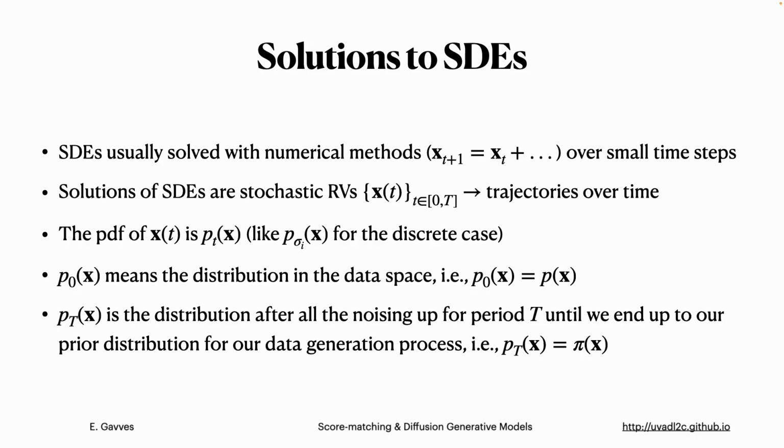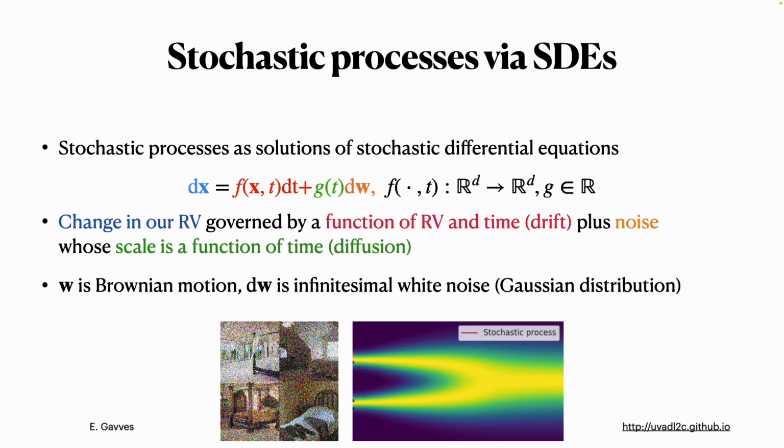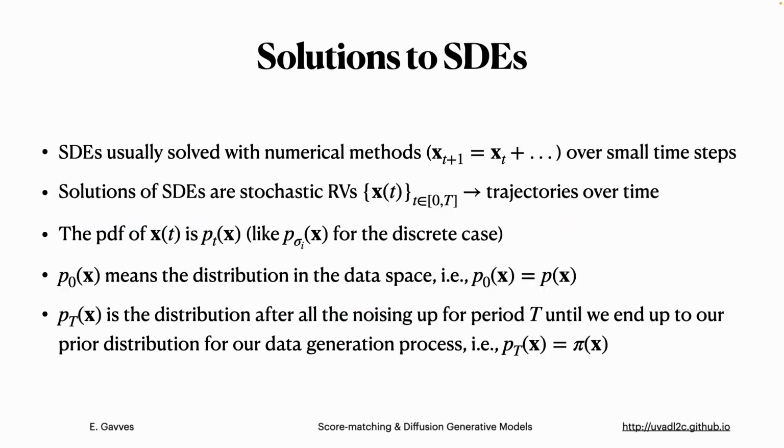So stochastic differential equations, normally you would define your functions here, let's say it's exponential, squared, whatever, and then you solve it. And solving it means literally applying a numerical method.